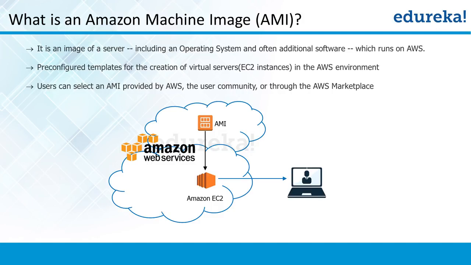Now when you launch an EC2 instance, the first step is to select the AMI, and there are many AMIs available from AWS. You have community AMIs, for example Ubuntu servers, Debian, Red Hat. Red Hat is a commercial product. Windows servers are available as well.